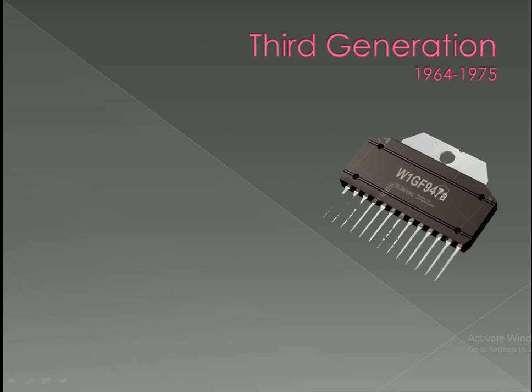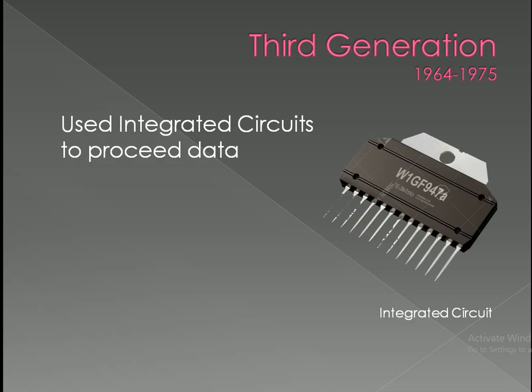To overcome these drawbacks of the second generation computer, the third generation was introduced in 1964. In the third generation of computer, the computers used integrated circuits, that is called ICs, to process the data.